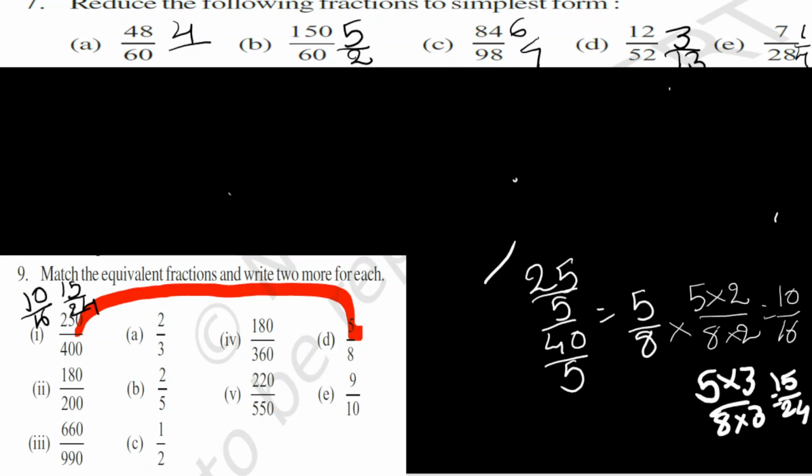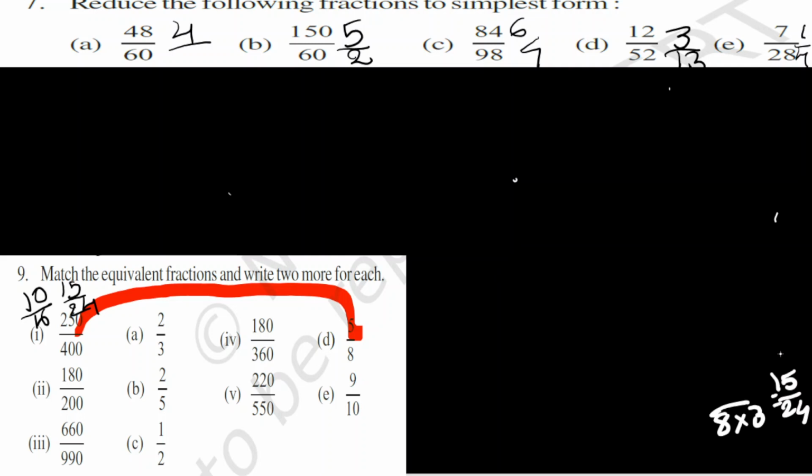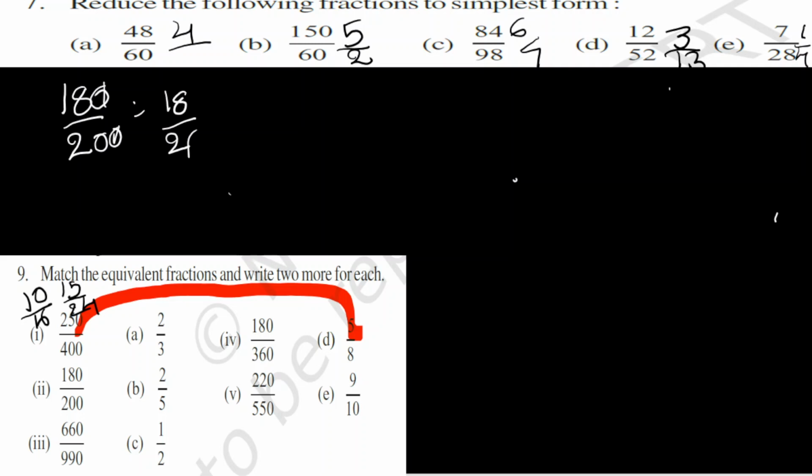And now let's take another example. 180 by 200. Let's strike zeros. The fraction becomes 18 by 20. Here 2 is the only common factor for both 18 and 20. Let's check it with the factorization method.